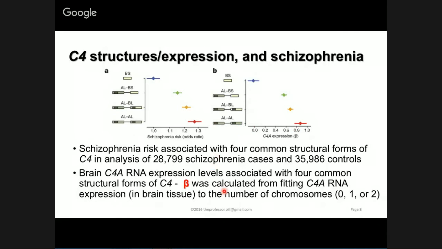If you normalize, as is shown down here, the beta value that you have here is the normalized value. So if you have like 2 copies, one from your mom, one from your dad, of the C4A long allele, you have a very, very high likelihood or a high beta value that you will have schizophrenia. So again, very, very clear evidence that something is going on with the C4A variant of this complement component factor. Now, they're not really sure what this is doing right now. All they're doing is verifying that in human tissue that this indeed plays a major role.